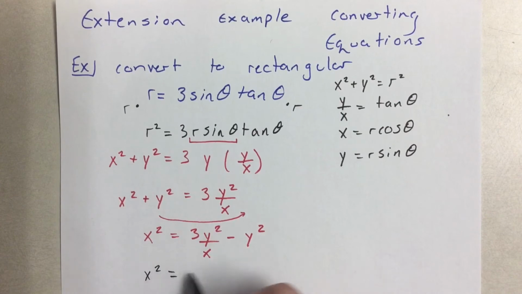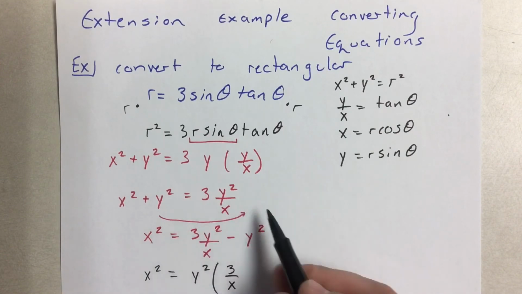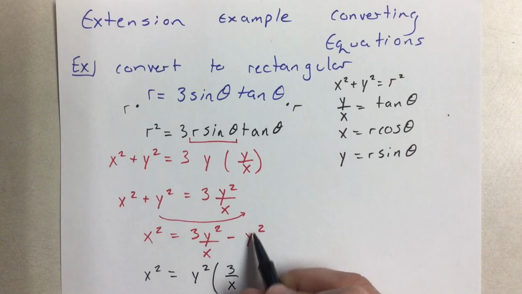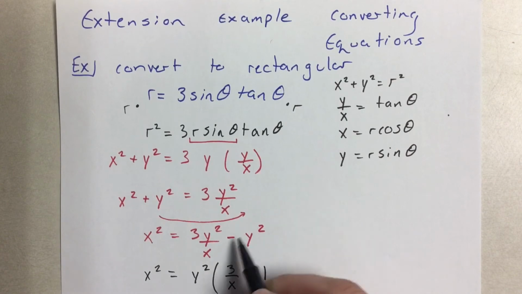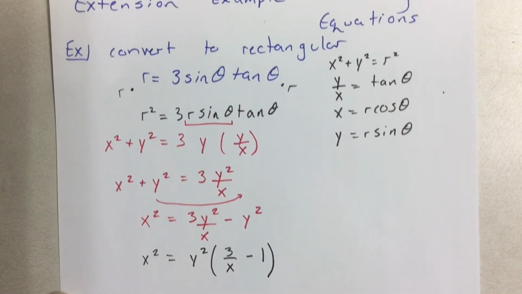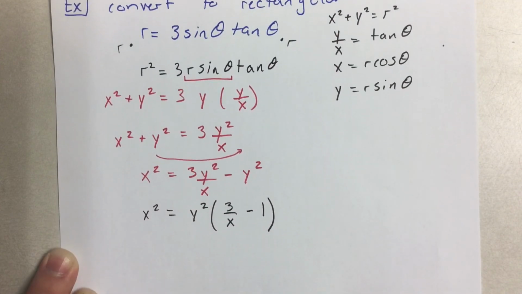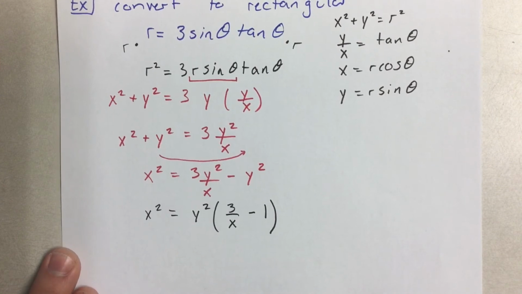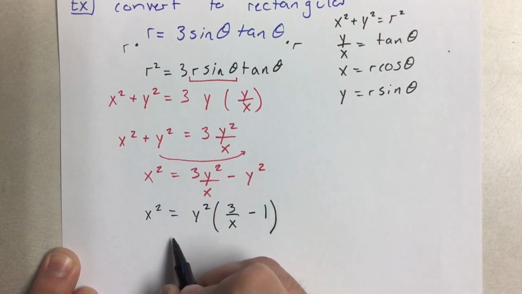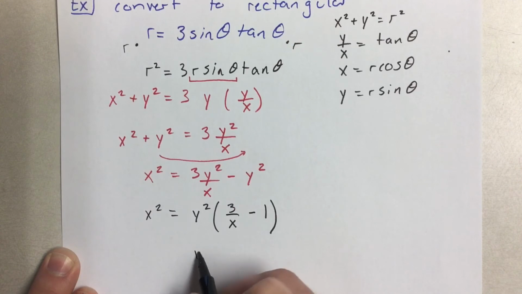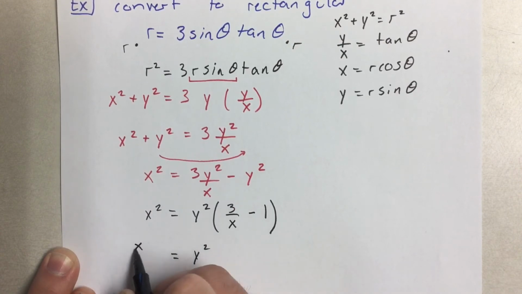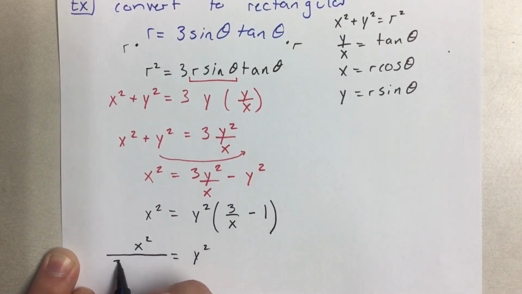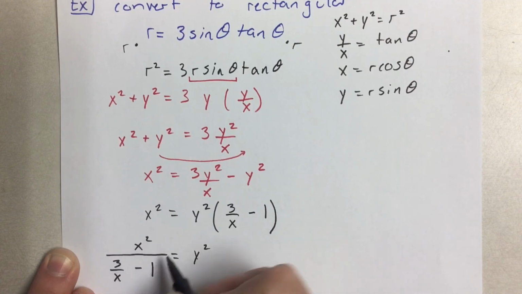We have x squared equals y squared multiplied by 3 over x, and since I factored out a y squared, we would have a minus 1, because of the minus up above. Now things are probably a little clearer. We divide both sides by this, so we get y squared equals x squared divided by 3 over x minus 1.